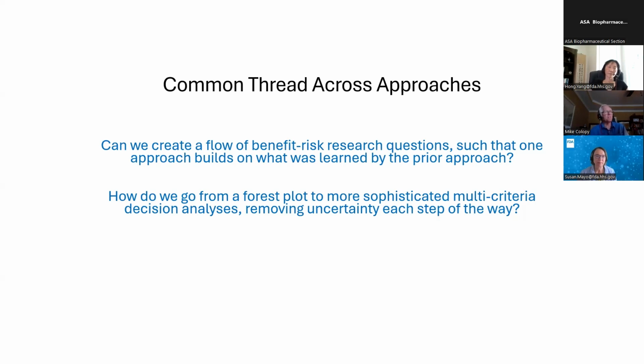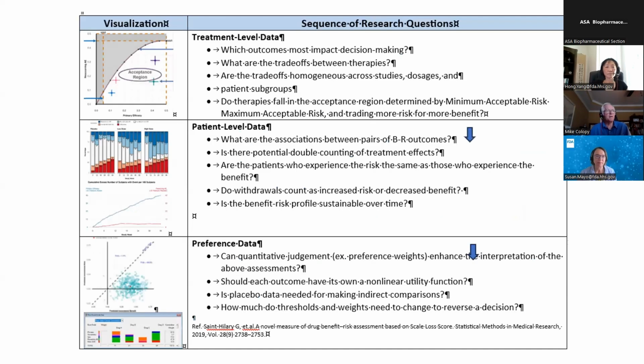Next slide, please. And again, these are just my opinions, and everything I said has been published. Okay, so if you're trying to look at these approaches and you're thinking, oh, which one do I want? And you've been doing the forest plot, but you think, wow, that PMCDA captures it all, you know? Well, first of all, the approach that you take is going to depend on the type of data you have.